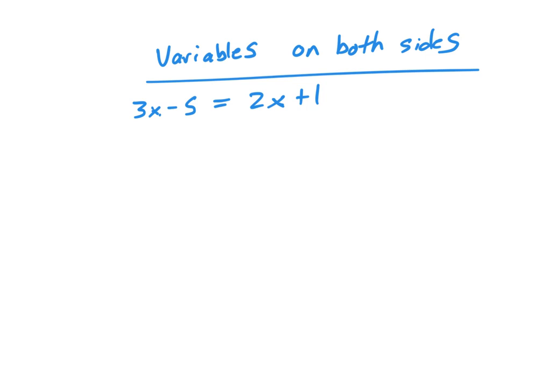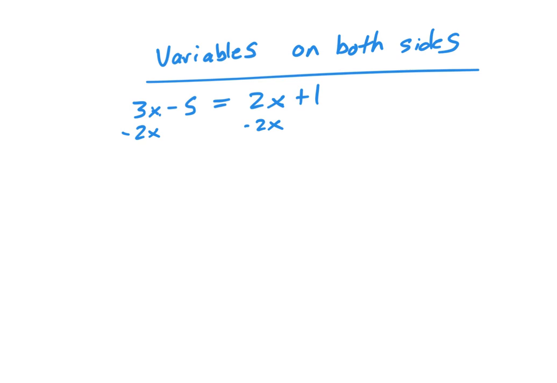Here we have a variable on each side. What I always like to do is move the one over that's smaller. There might be some where we have negatives and things like that. But I would probably choose to move the 2x as opposed to the 3x, just to keep my x positive.